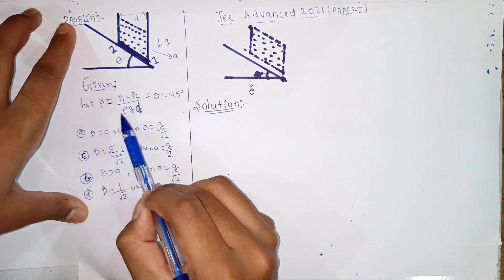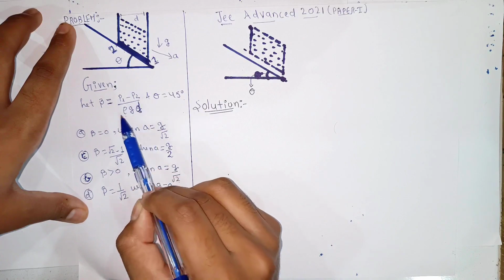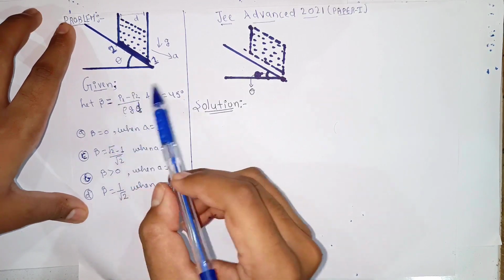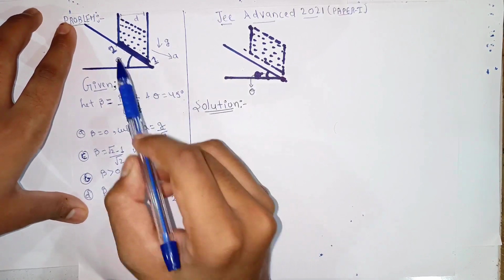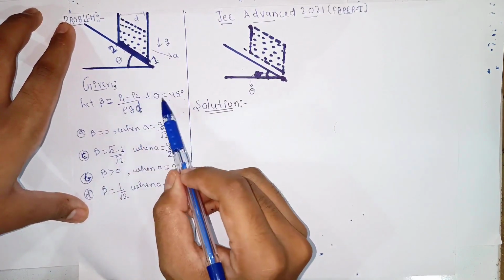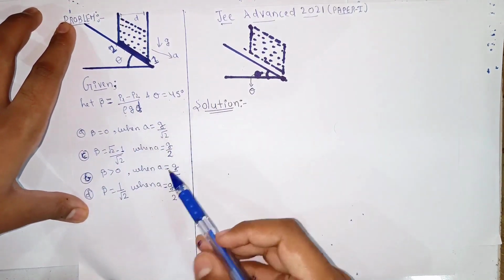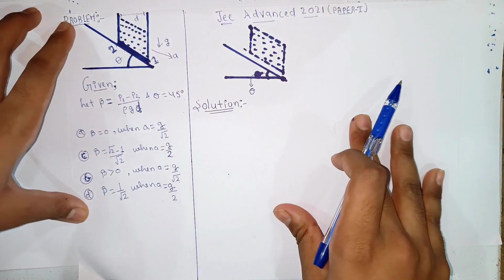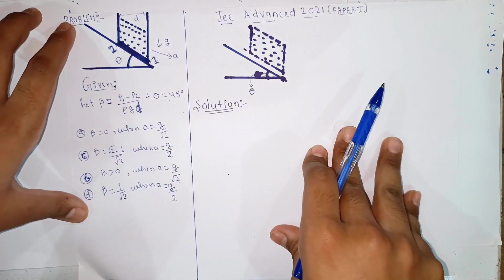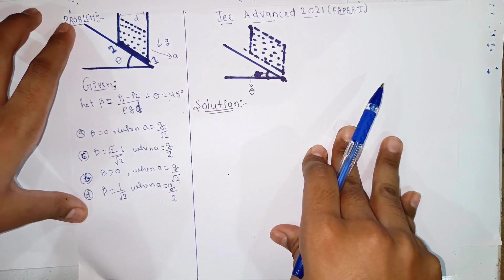So they have given this constant beta, and they have given this angle theta, which is 45 degrees.